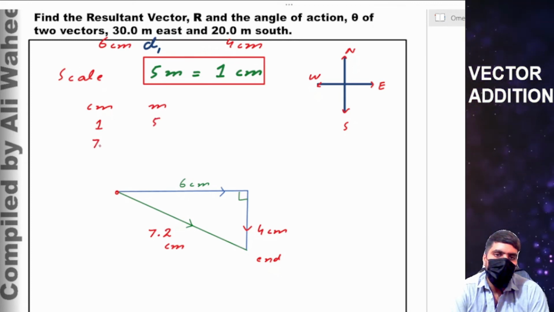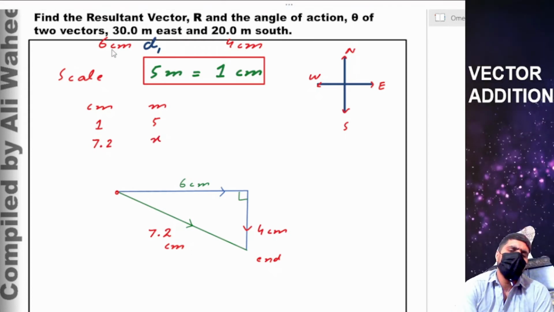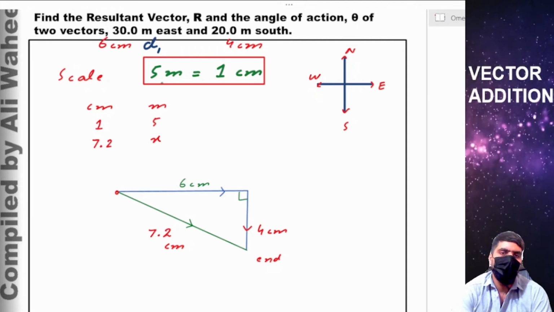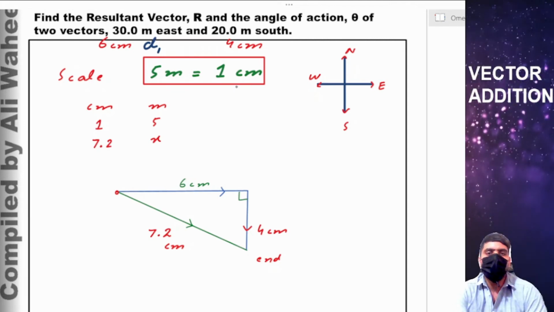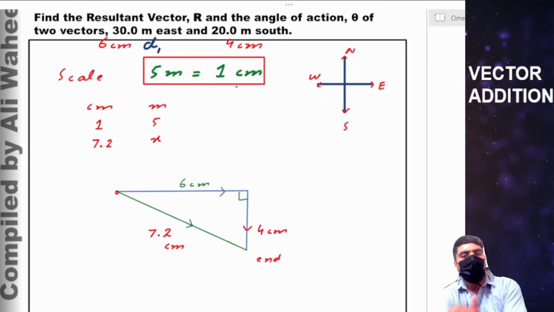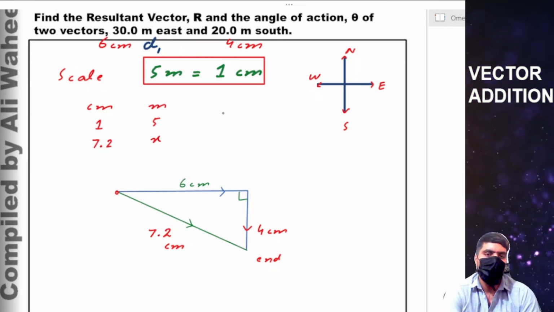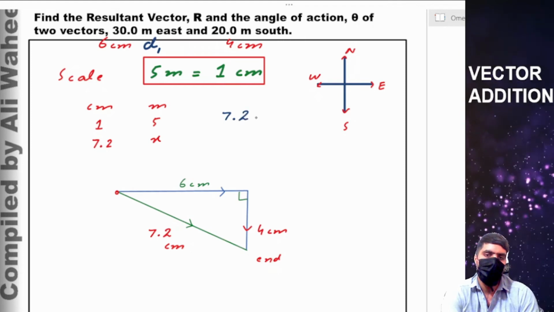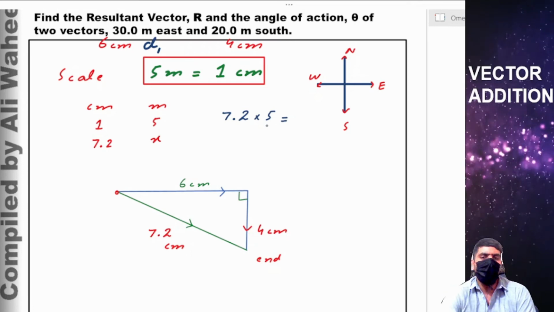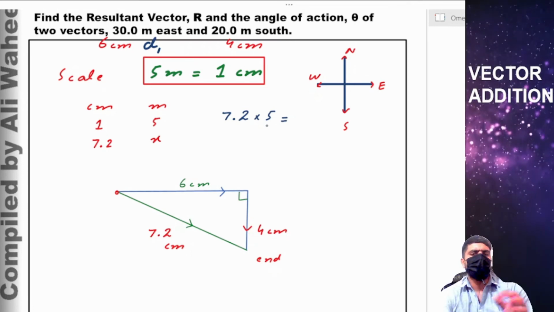So 7.2 centimeters would be represented by x meters, or you can simply multiply, right? 1 centimeters represents 5, 2 centimeters would represent 2 times 5, 3 centimeters would represent 3 times 5, 7.2 centimeters would represent 7.2 times 5. Once again, if you're not good with it, you can use the cross multiplication method.